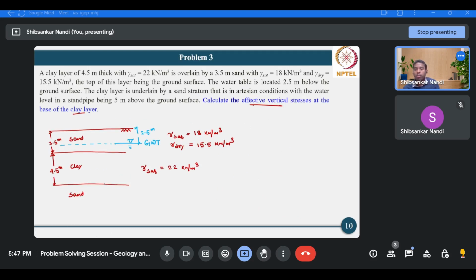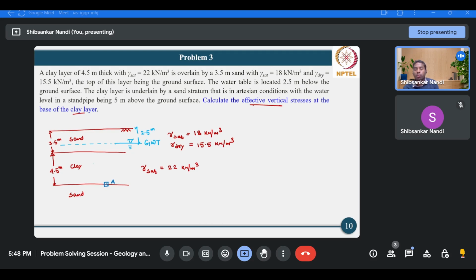So suppose at this point, this is point A and this is the base of the clay layer. At this point, we have to calculate the effective vertical stresses. And one more piece of information is available for this problem, that is if we insert a standpipe in the sand stratum, that is the lower sand stratum, not the upper sand stratum, this sand stratum is in artesian conditions with the water level in the pipe being 5 meter above the ground surface.